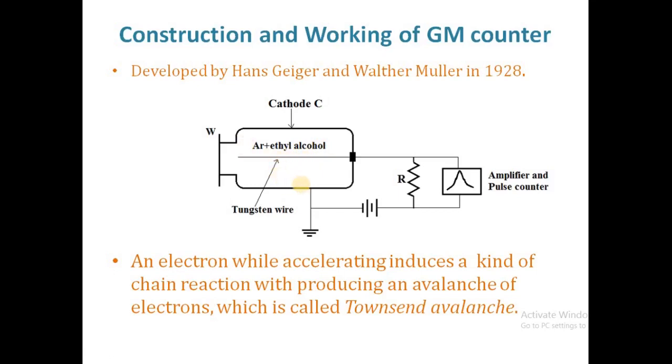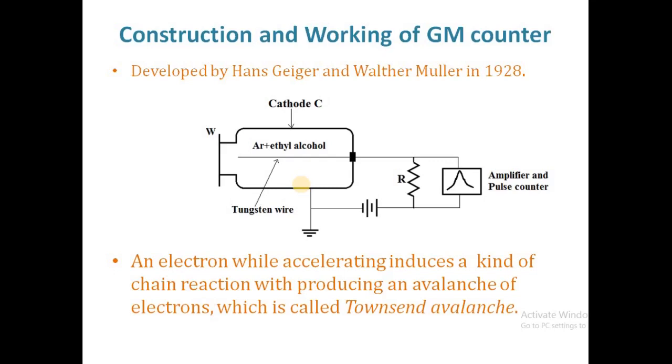But when an electron is accelerated by a very high potential difference, it is capable of producing further ionization when it collides with another gas molecule. Thus, one more electron is released along with the first electron. These two electrons, during acceleration, cause ionization in two more gas molecules, producing two more electrons.